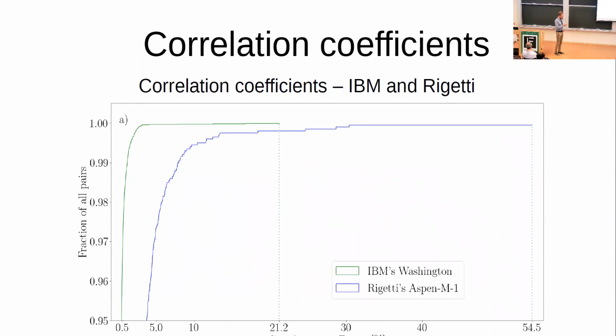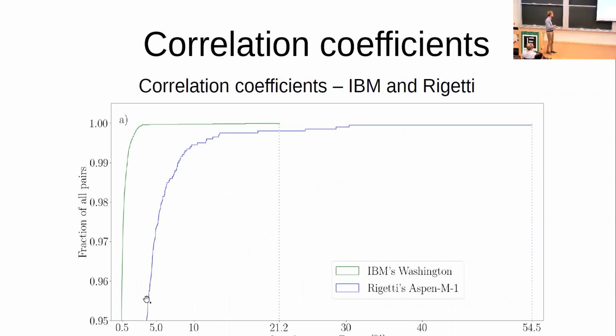And maybe the better way to visualize this is to have a cumulative histogram. So here is the fraction of all correlation coefficients, and here is the actual value of the correlation coefficients.